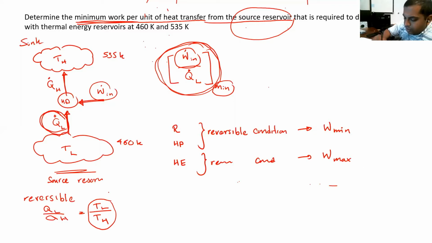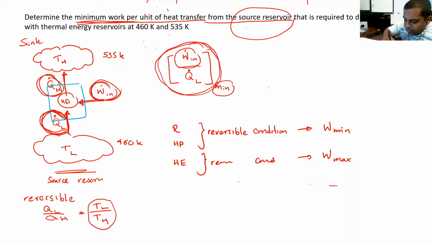So we have three heat flows, QL, QH, and W in. When you want to replace any of these, you can draw a hypothetical boundary around your heat pump.